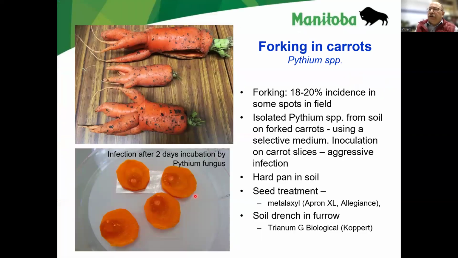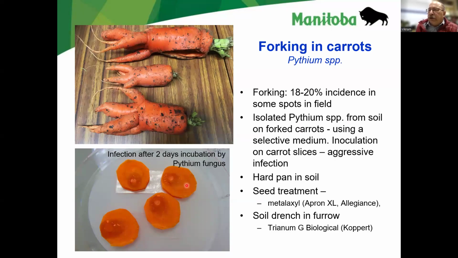Here is the forking that you can often see in your own or in the commercial gardens, and it can be caused either by a hard pan in the soil, that is, the carrot can't go deeper, or it can be because of a fungus called pythium, and this will cause the root ends, growing points, to rot, and the growth starts from a new point, and that's why you have the forking.